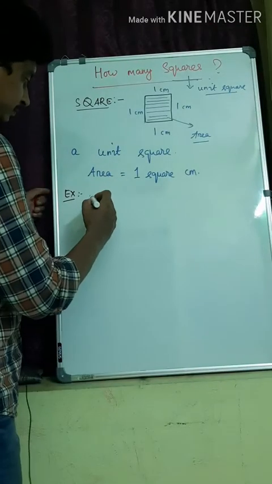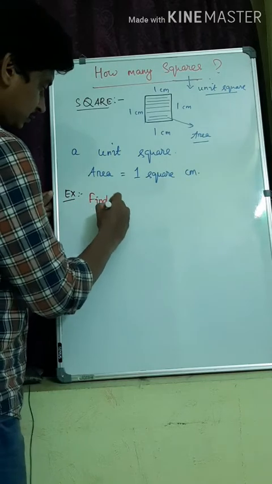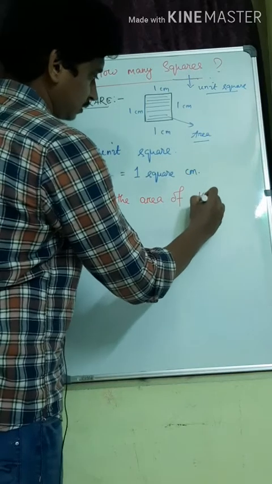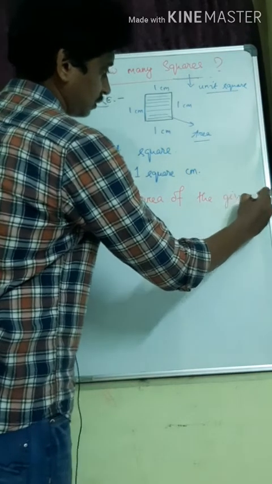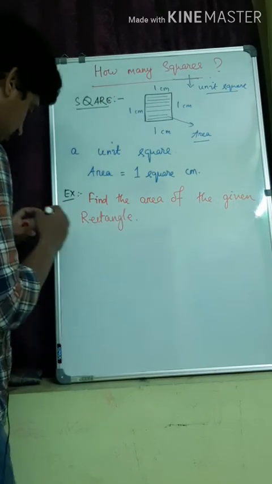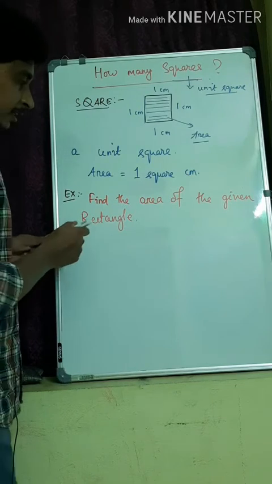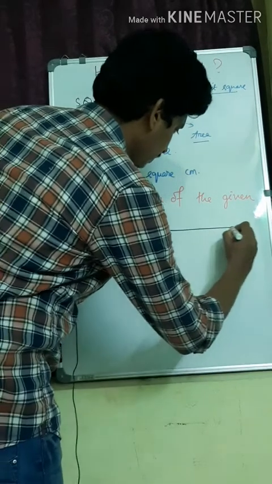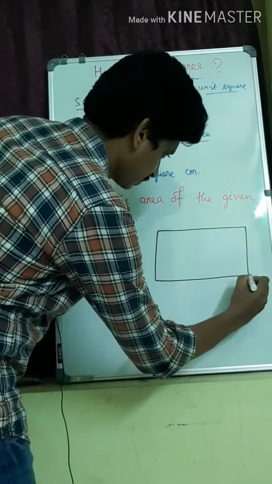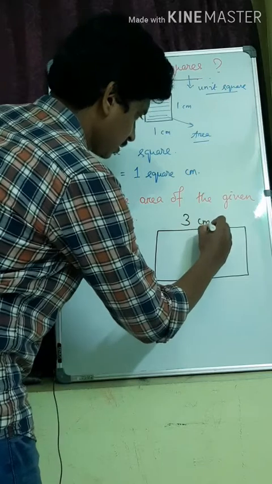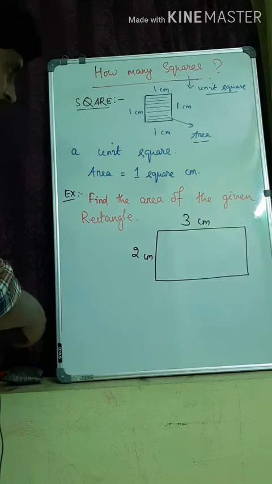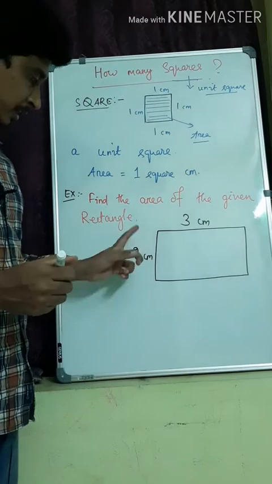Example, find the area of the given rectangle. So children, you have been given a rectangle whose length is 3 centimeter and width is 2 centimeter.